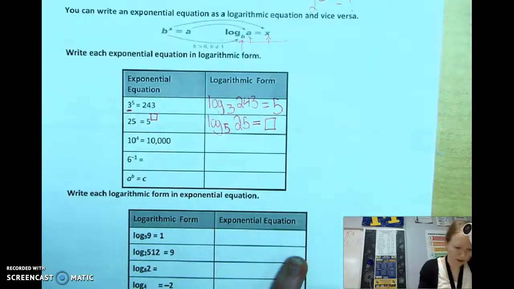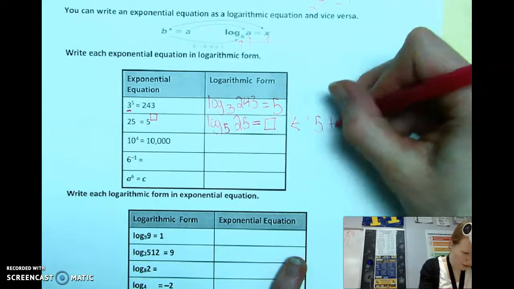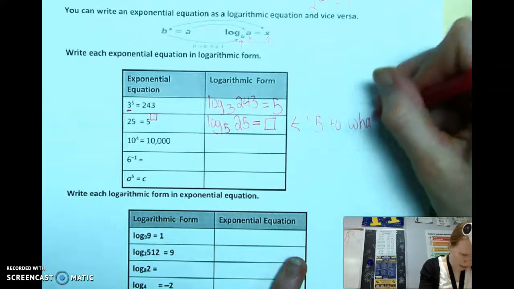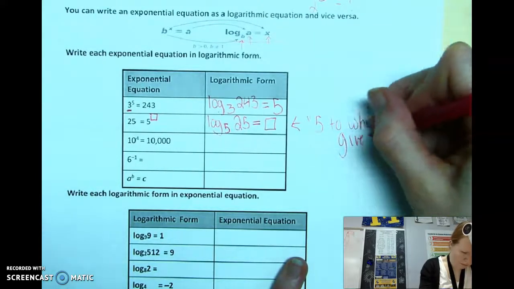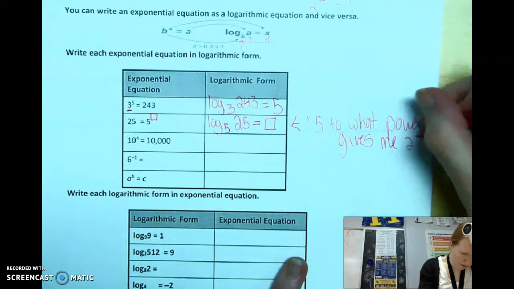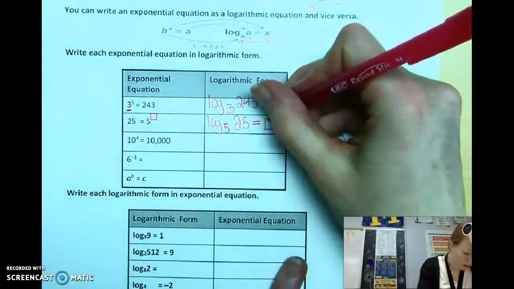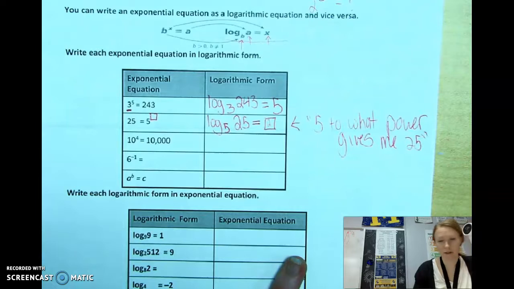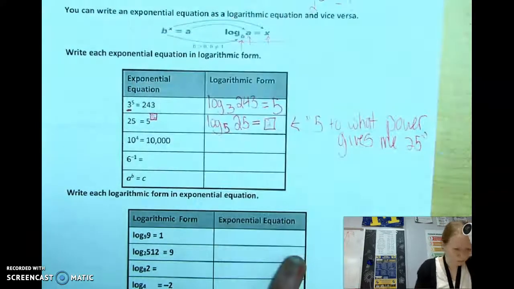This is a little bit weird, right? So once again, 5 to what power gives me 25? Well, 5 squared gives me 25. So log base 5 of 25 is 2. So you'd have to fill in that imaginary 2.